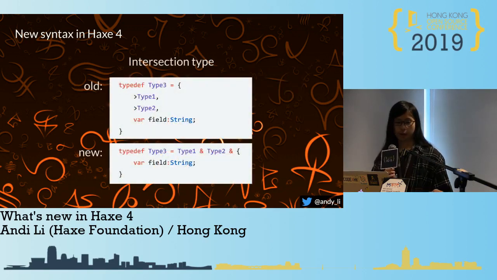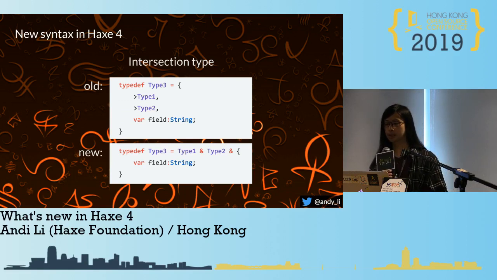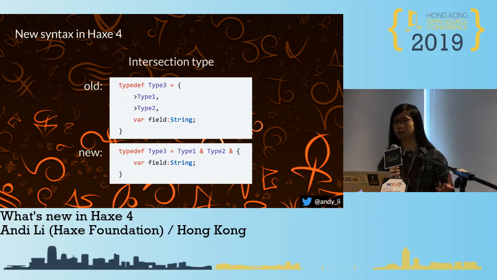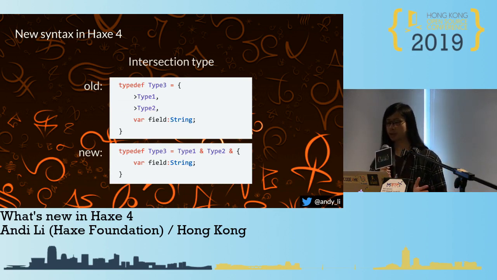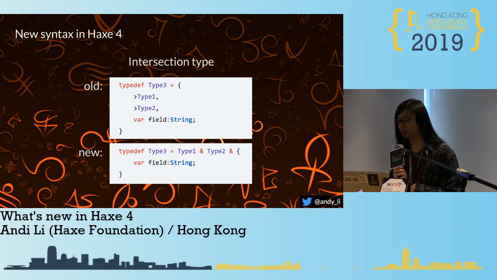And then we have intersection types. It's about the anonymous structure of Haxe. It basically tells the compiler what kind of fields and methods those anonymous structures have. The intersection type is like merging different types, like here type 3 should have the fields of type 1 and type 2, and then it has its own field.